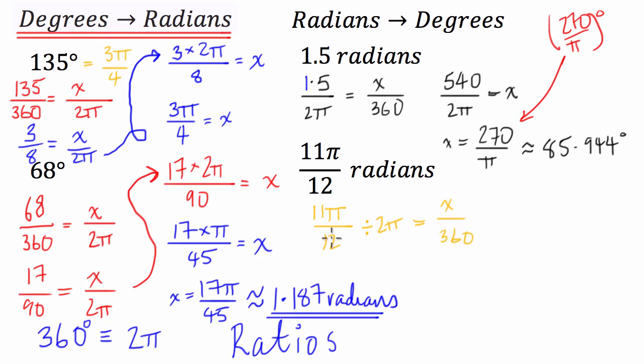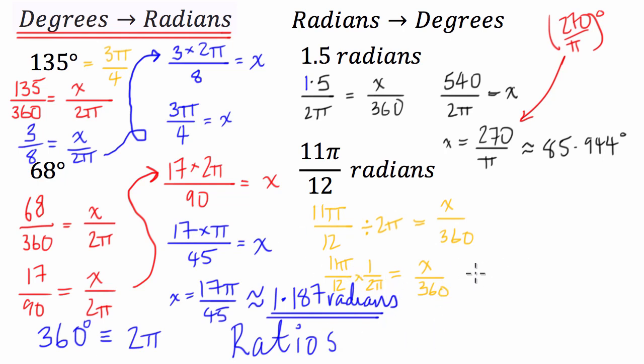Now dividing by something is like multiplying by its reciprocal, so I can go 11 pi over 12 times 1 over 2 pi equals x over 360.